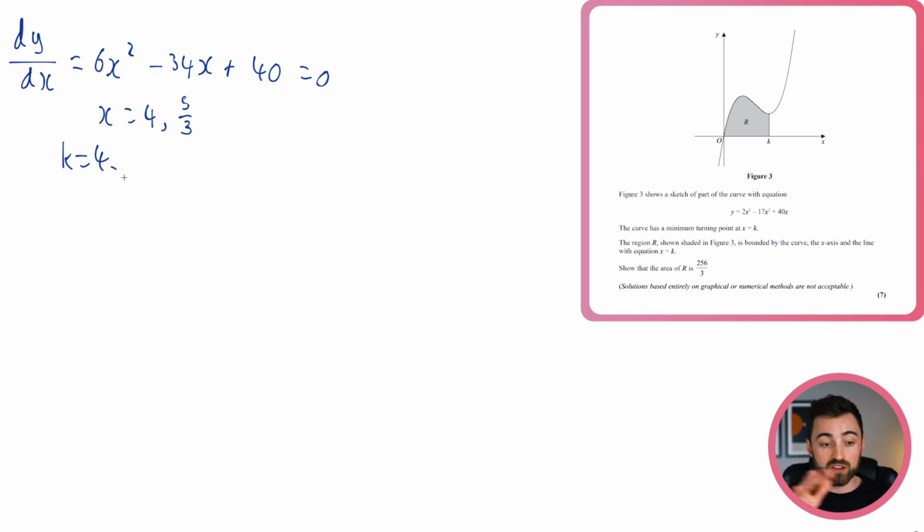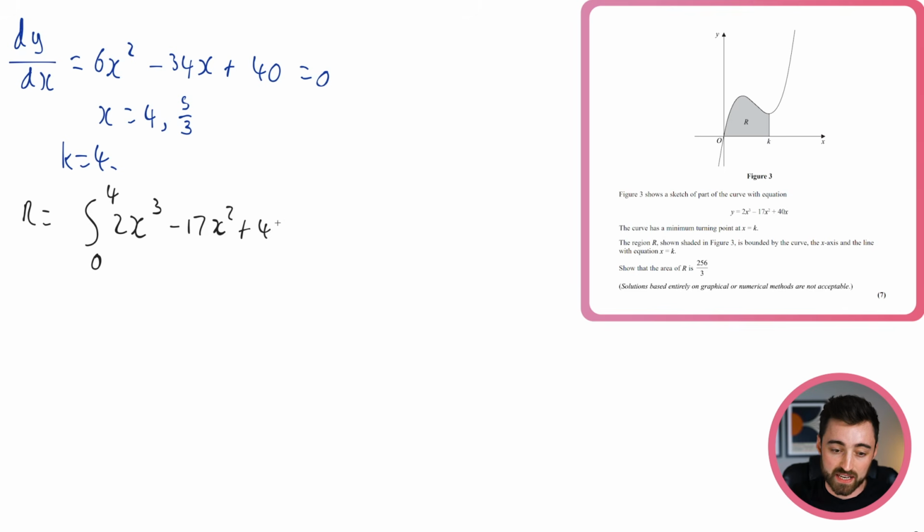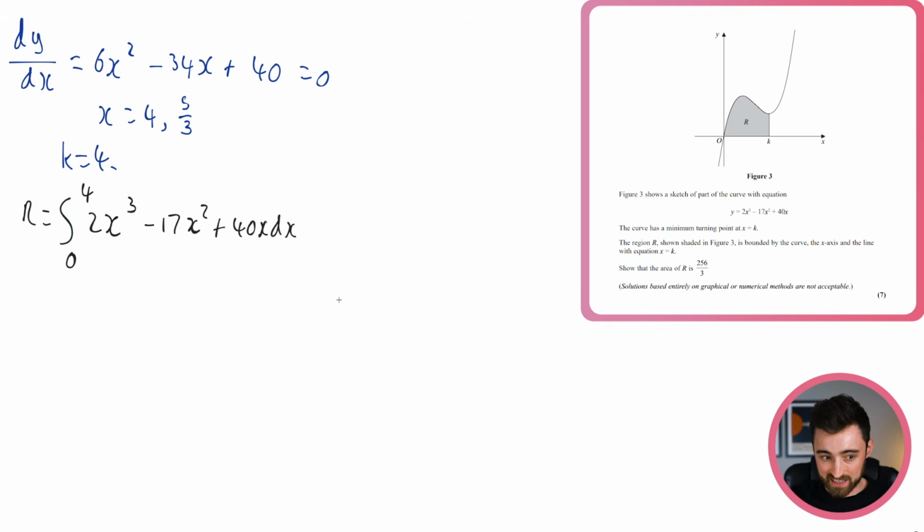integral between 0 and 4. So let's have it. Okay. So the area R is going to equal the integral between 0 and 4 of 2x cubed minus 17x squared plus 40x. Now the good news is one of these is 0, so that's going to make my life slightly easier when it comes to putting the limits in.